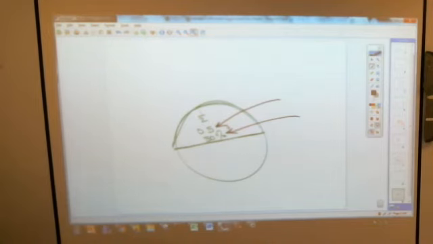I would suggest not trying to make a whole circle out of them because you're going to want to look at them kind of separately.